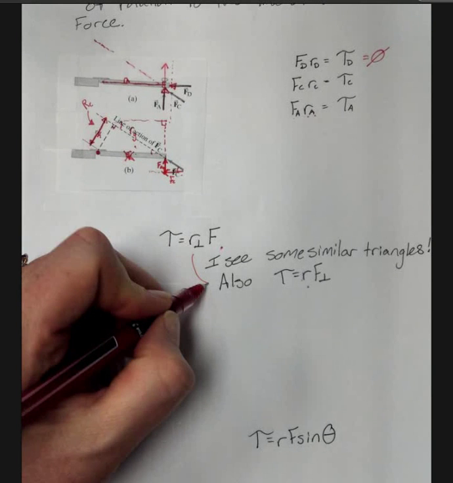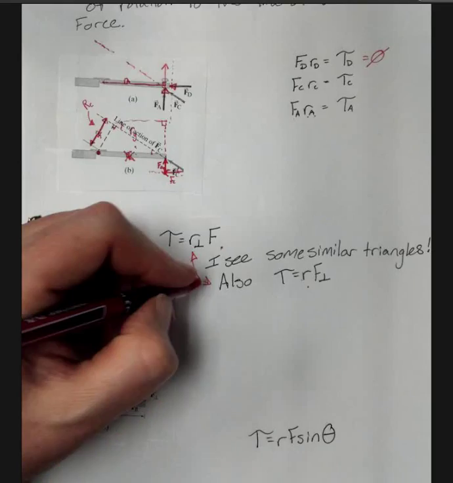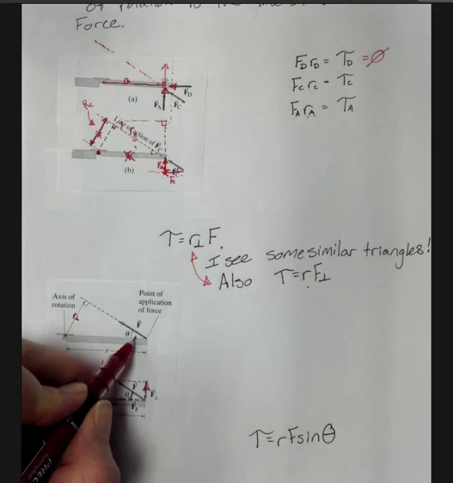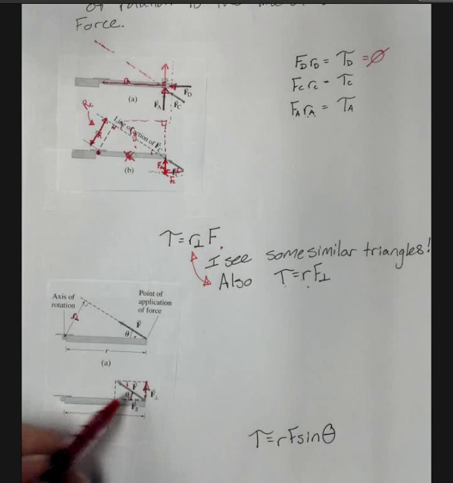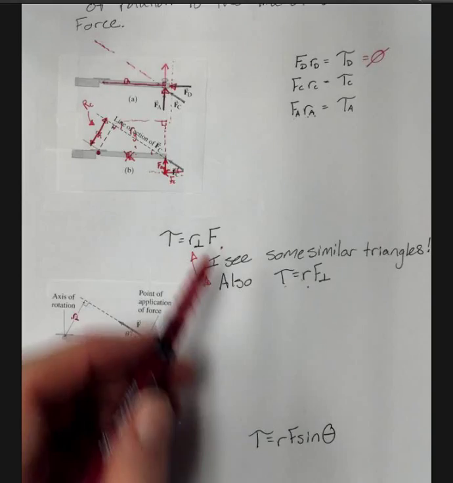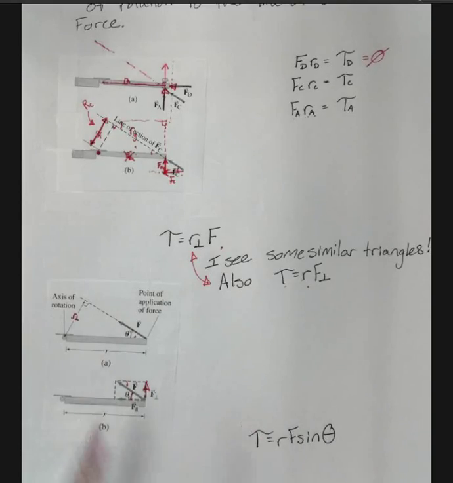This is going to give us the same value. Since this angle is opposite of my unknown, and this angle is opposite of my unknown, whether you use this equation or this equation is a moot point, because it's the same angle, and it's given by opposite to that angle, or sine theta.